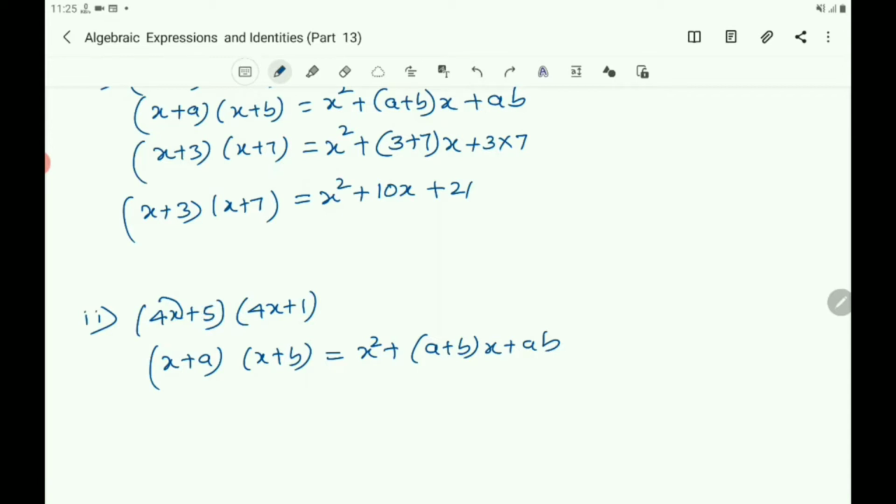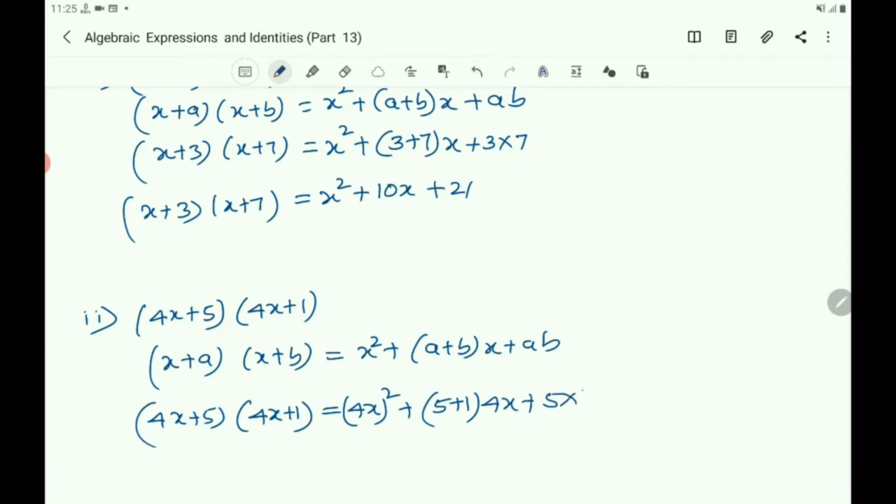Now you write the product (4x + 5)(4x + 1) equals, and you write (4x)² plus (5 + 1), into x, which is 4x, plus ab, which is 5 into 1.